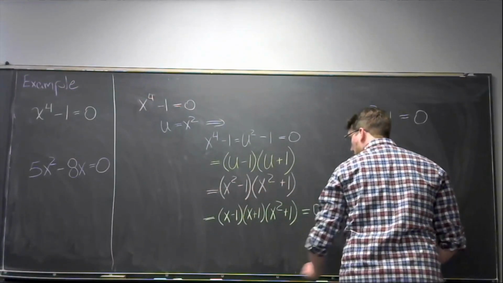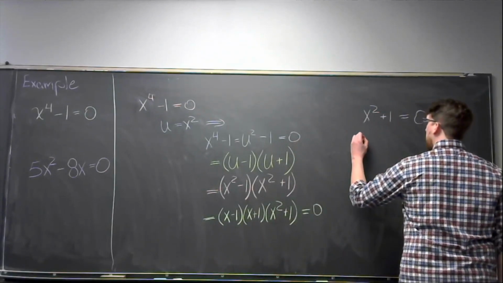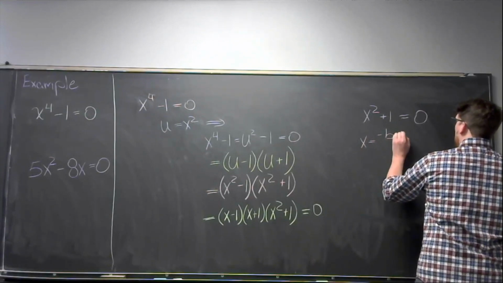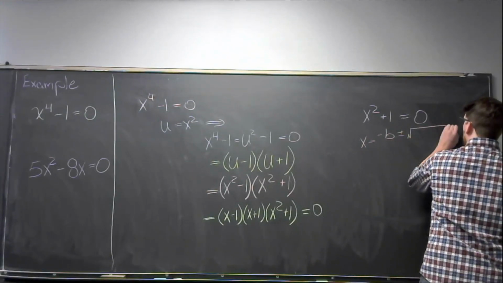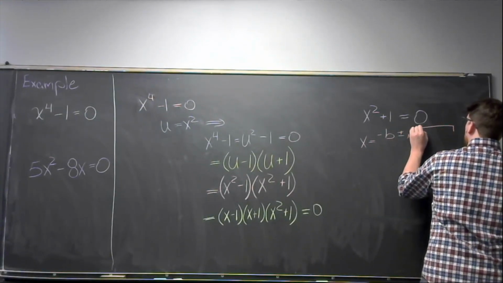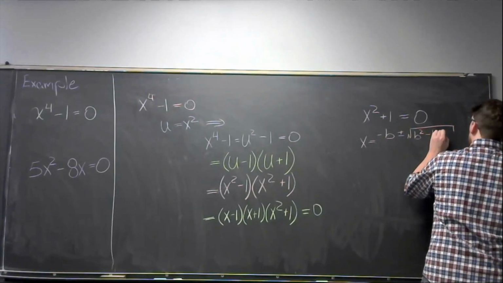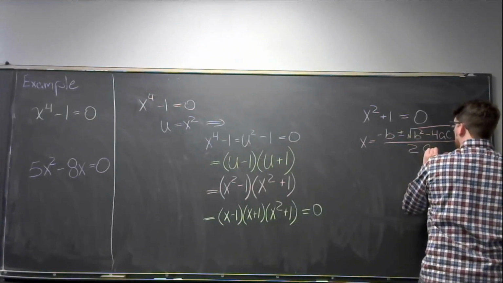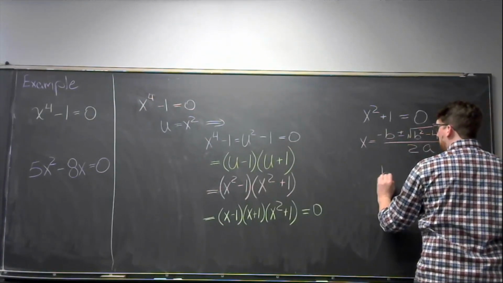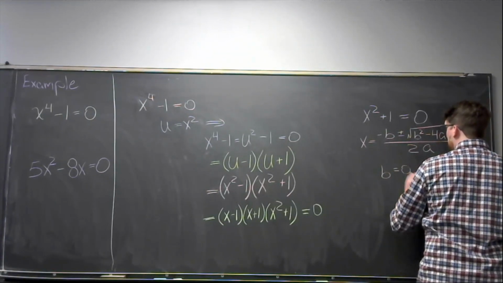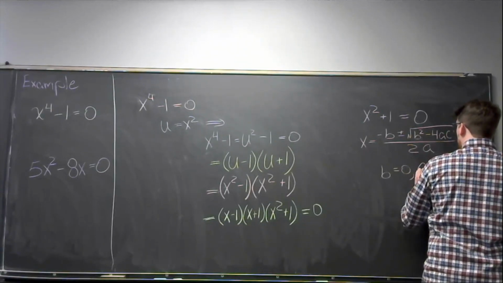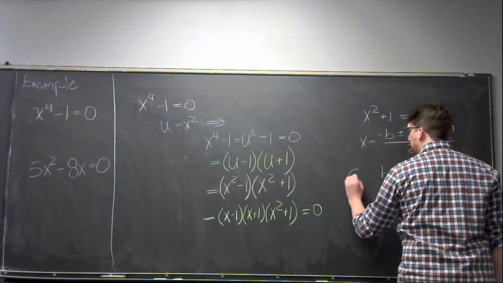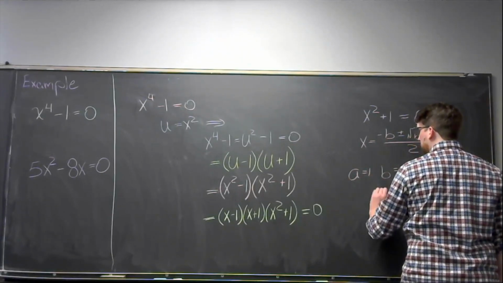Well, we know the quadratic formula says x is equal to negative b plus or minus the square root of b squared minus 4ac, divided by 2a. We know here that b is equal to 0, c is equal to 1, and a is equal to 1.